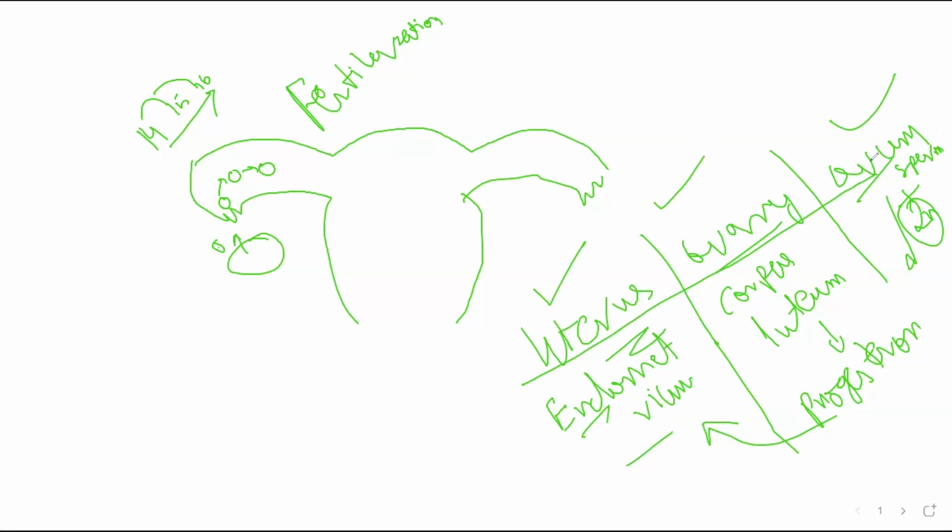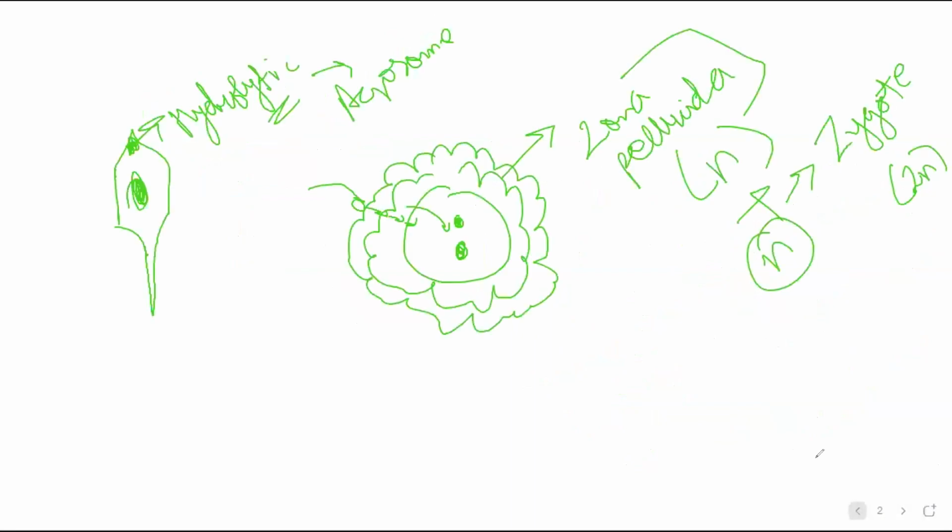In that graph, if the fertilization happens in this region, then the embryo formation will happen, and this leads to the formation of a zygote. So you have N number of chromosomes from the ovum, N from the sperm, and that is how it leads to the formation of the zygote. And how does it happen? The sperm's head has a hydrolytic enzyme, and that is called the acrosome.